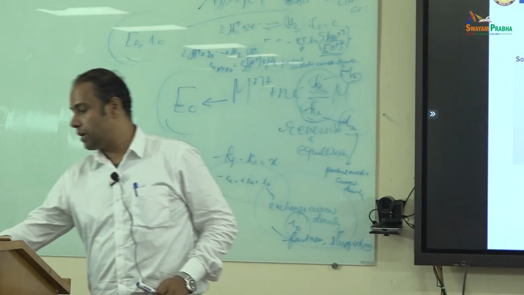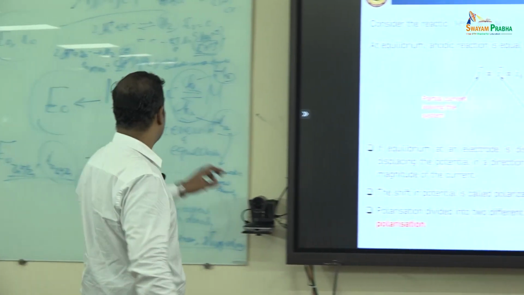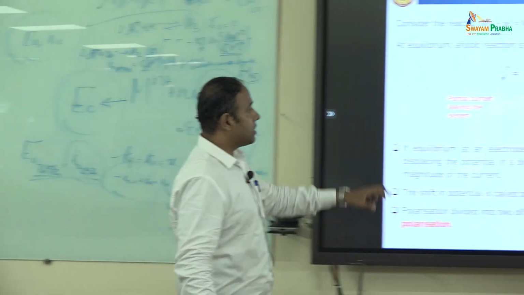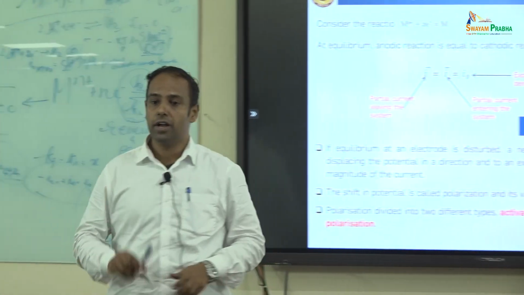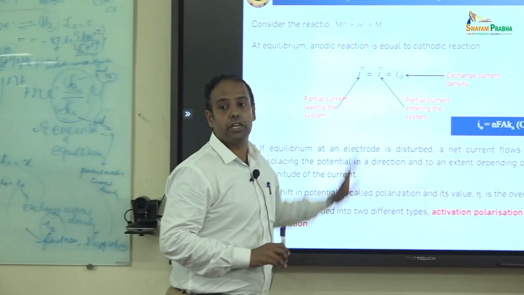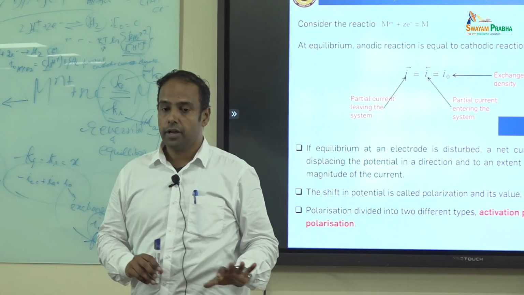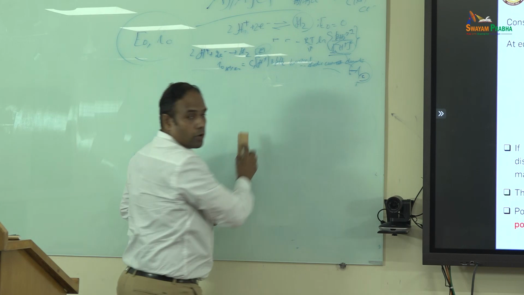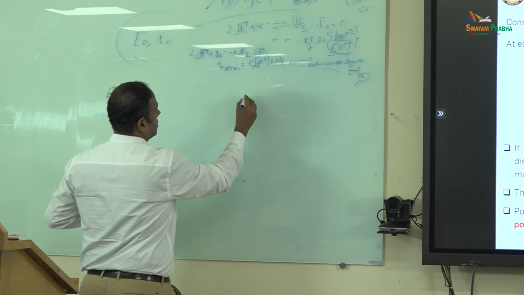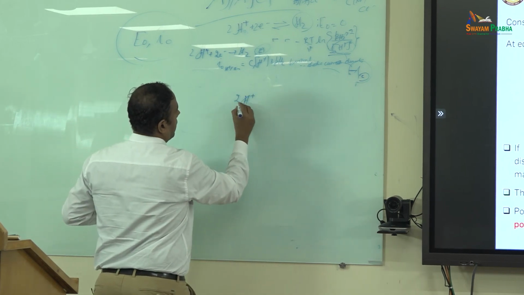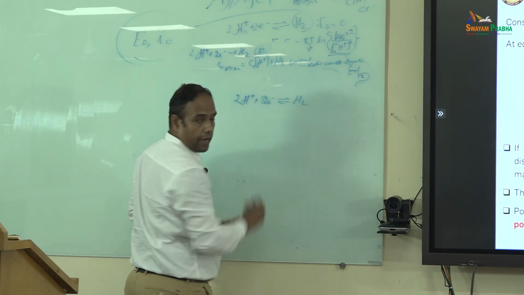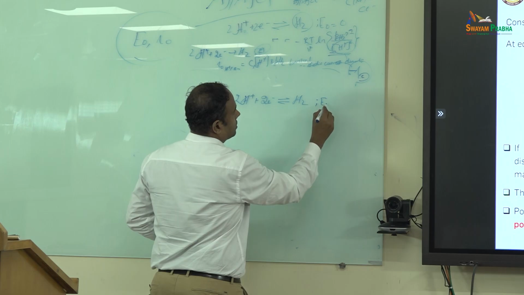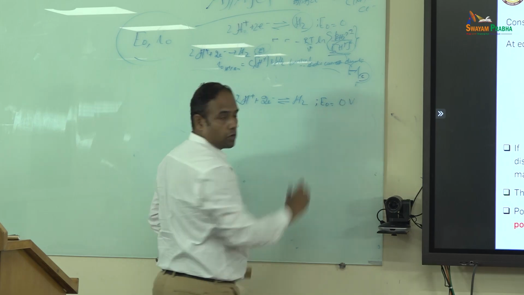At dynamic equilibrium, if an electrochemical reaction is reversible, the rate at dynamic equilibrium is given by the I naught value, and it has a potential which is E naught. Now, I am talking about I naught. I will assume this is my simplest electrochemical reaction, that is the reversible hydrogen reaction. If everything is in standard conditions, this is equal to 0 volt.